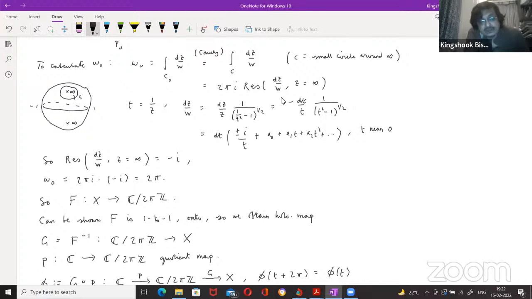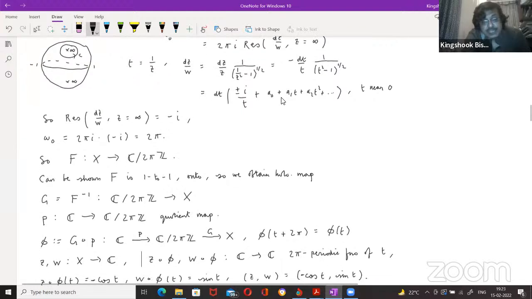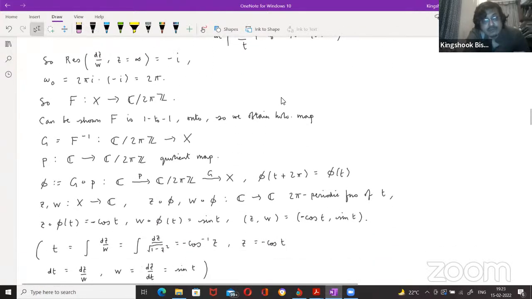So, in fact, we can look at its inverse, and let me call G equal to F inverse. I'm not going to show that it's 1-to-1 and onto. So that goes in the opposite direction from this complex cylinder, C modulo 2 pi Z, back to the algebraic curve. Now I take P to be the quotient map from C to the complex cylinder, C modulo 2 pi Z.